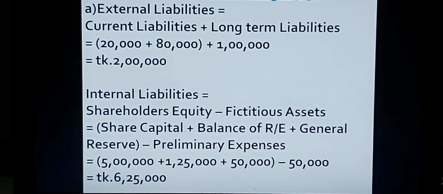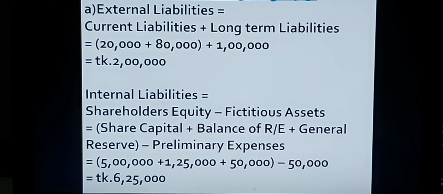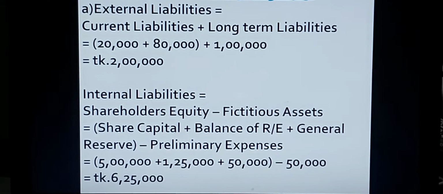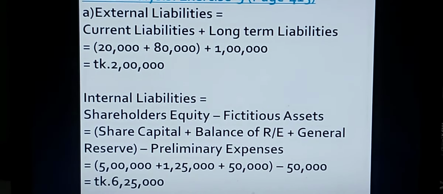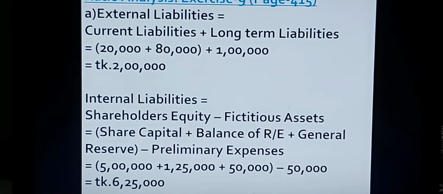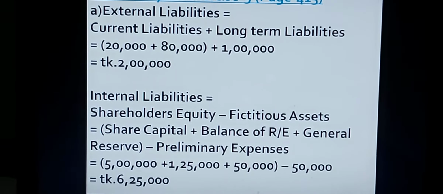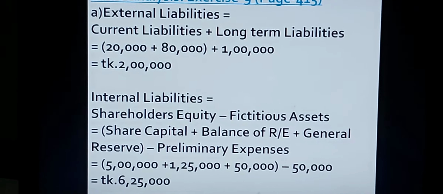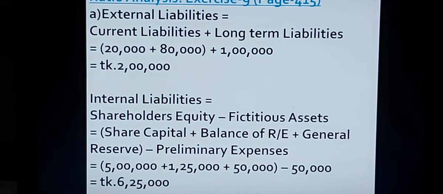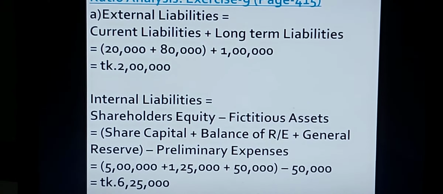And the fictitious asset, that is the preliminary expenses, taka 50,000. So the net amount of internal liabilities is taka 6,25,000. I repeat again, internal liabilities is taka 6,25,000.